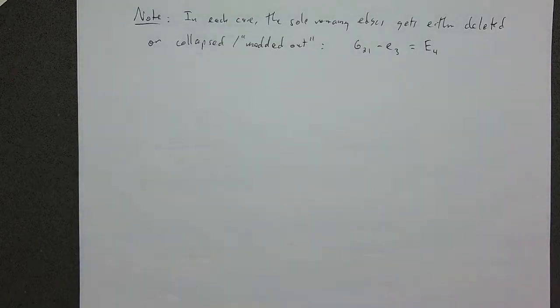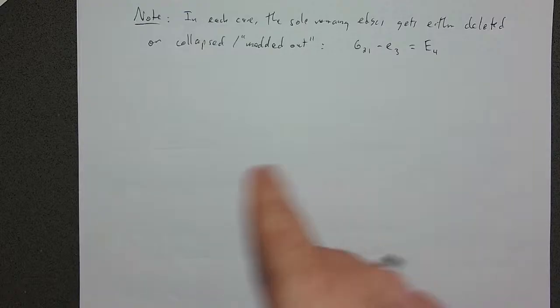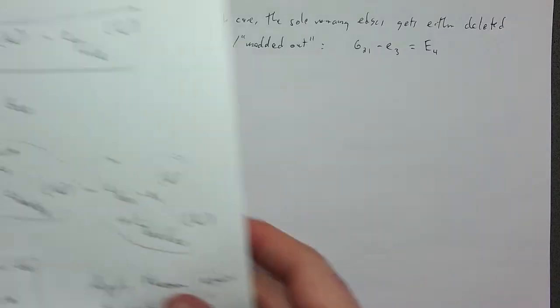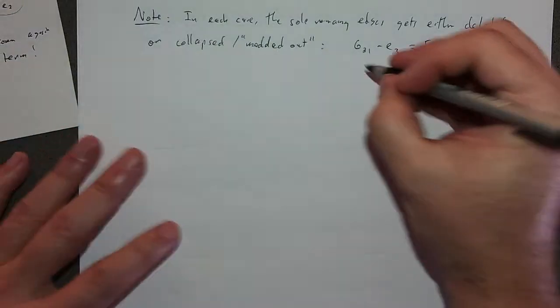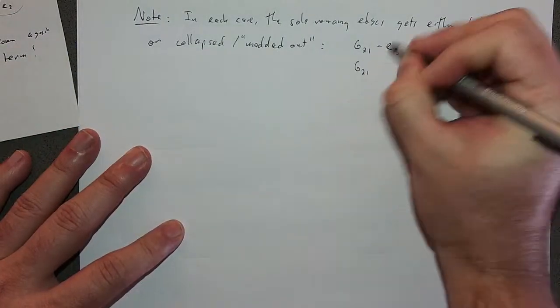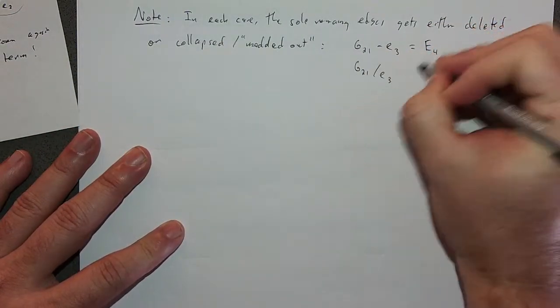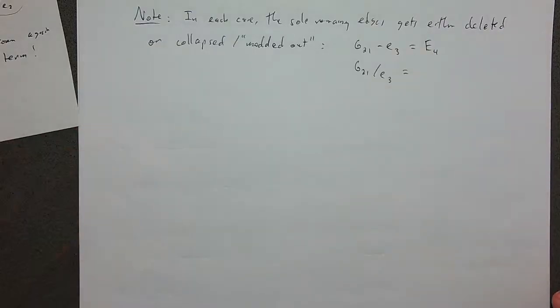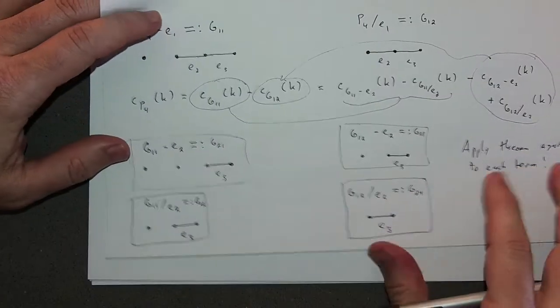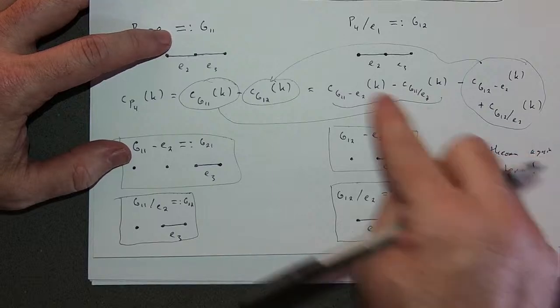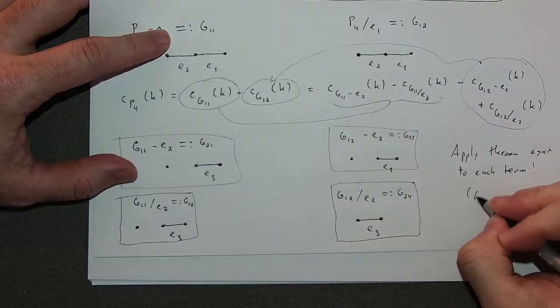Okay, next. What about G21 modding by E3? So I take G21, and again, applying the theorem means I'm going to have 8 terms, right?